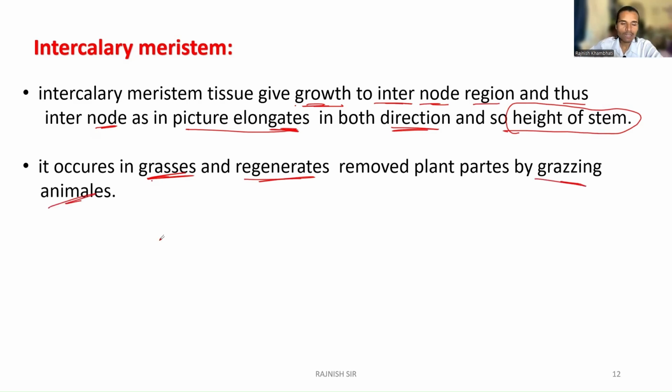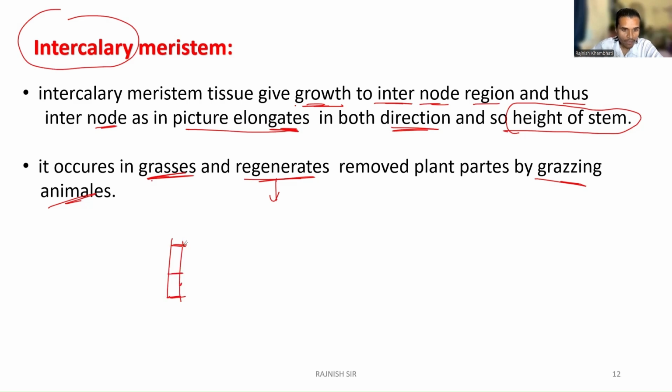When grazing animals come and eat the grass, after some time you may have seen that they are growing again. Now, why are they growing again? They can regenerate themselves. And why can they regenerate? Because they have intercalary meristem. This is grass, this is node, this is node, this is node.